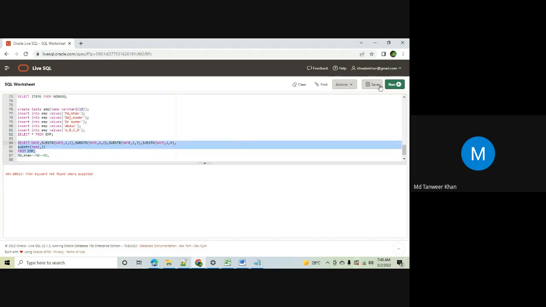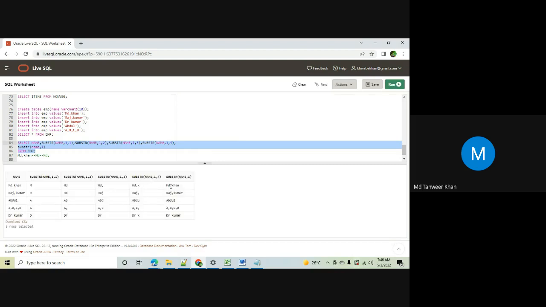Now see this SUBSTRING(name, 1). Here I have not mentioned how many steps it has to take. It has taken all the characters. Can you please observe this output? All the characters are coming, right? So what we understood from this is, if you have not mentioned the number of steps, your SQL engine will consider that you have to move through all the characters.